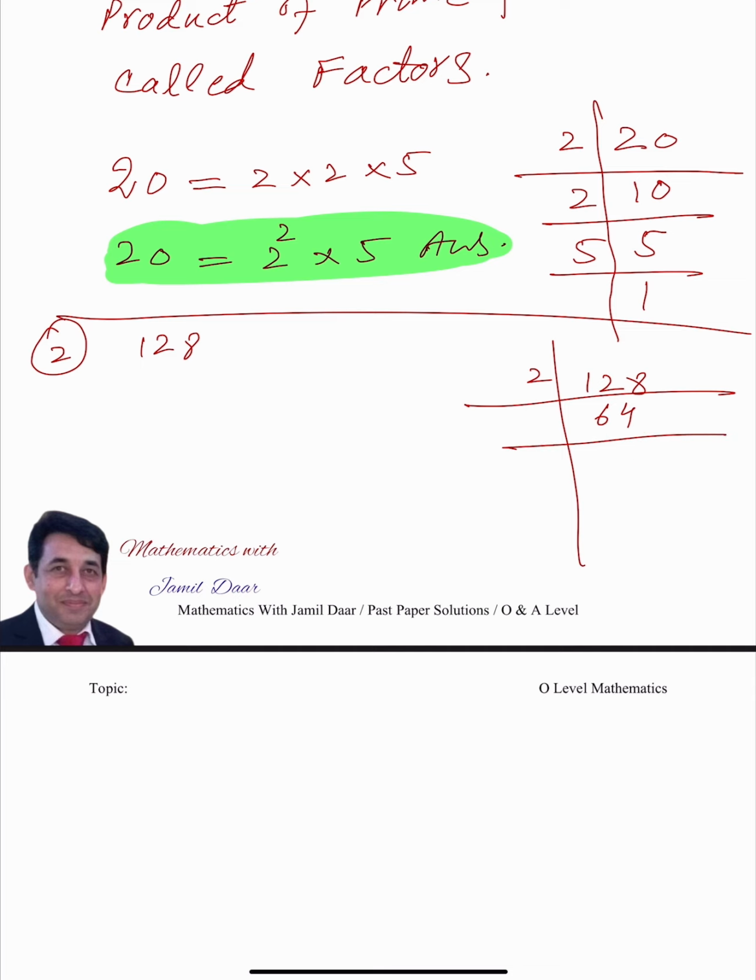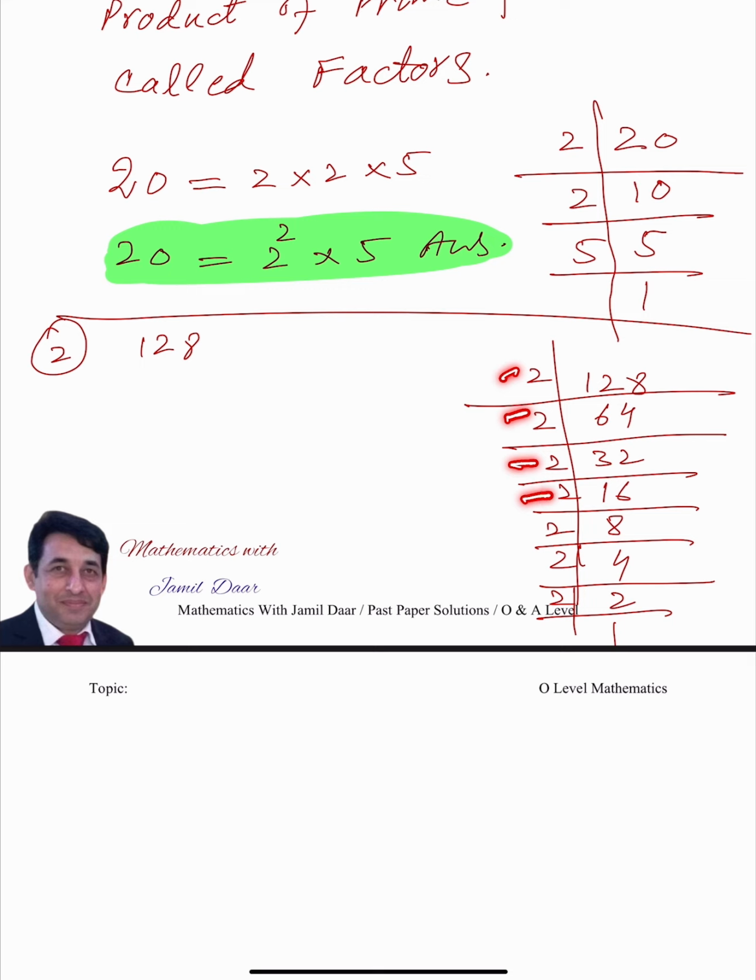So now count: 1, 2, 3, 4, 5, 6, 7. So we can write 2 raised to the power of 7. This is your answer. You have changed 128 into prime factors. We have done the prime factorization of 128.